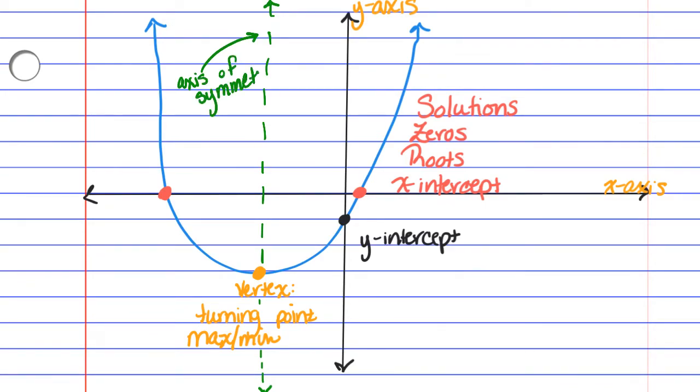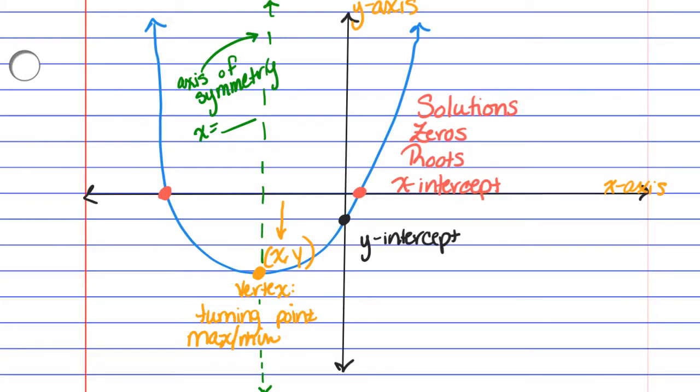Just like during reflections, we had an axis of symmetry, and it will always be an equation that starts with x equals, because it is a vertical line that passes through the vertex. If my vertex is located at x, y, then my axis of symmetry passes through the x value of my vertex.